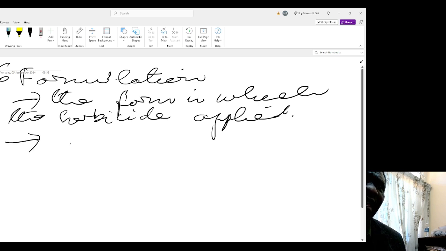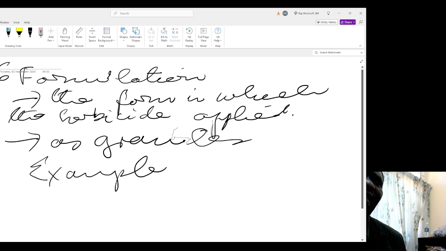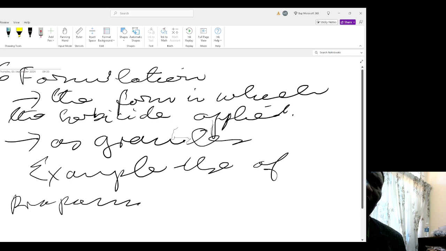We may apply herbicide as granules. Example is use of propanil in rice.